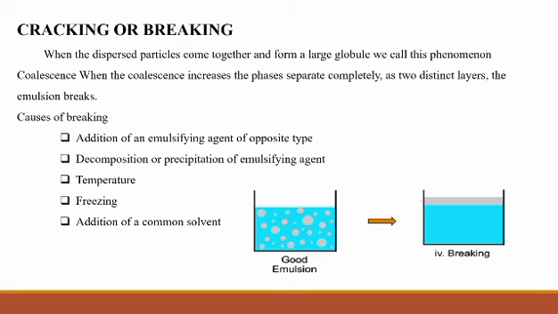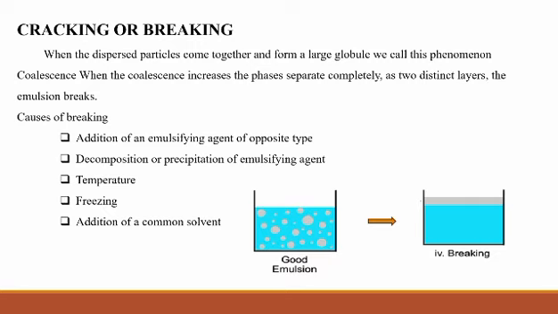Next is cracking or breaking. Cracking is nothing but the dispersed particles coming together to form a large globule. That process is known as coalescence. In the last slide we studied that the dispersed particles form larger globules. When there is a long time of forming these large globules, the emulsion may separate into two distinct layers.